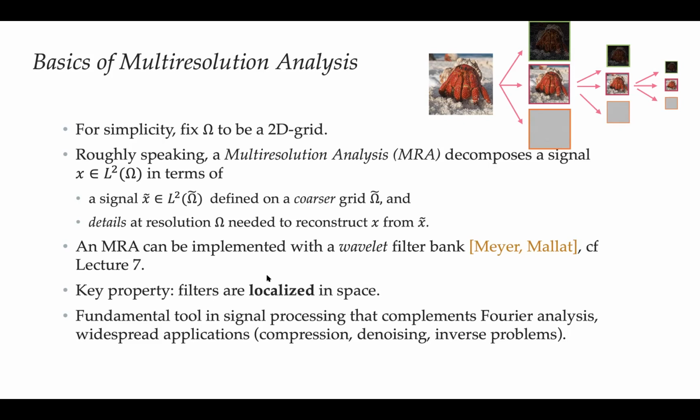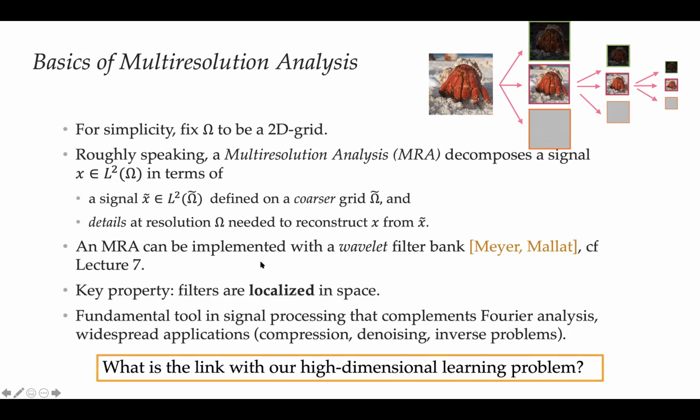Multiscale methods have a nice complement with respect to Fourier. So what is the link between this way to understand and process images or high-dimensional signals and our problem of learning in high dimensions? How can we combine this idea of multiscale with priors in learning?